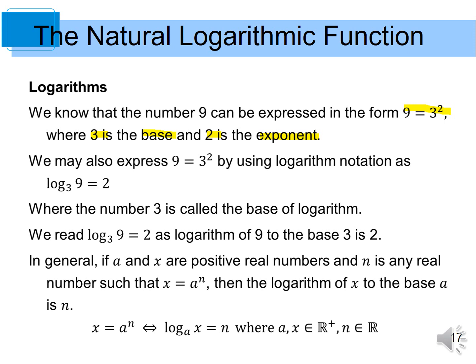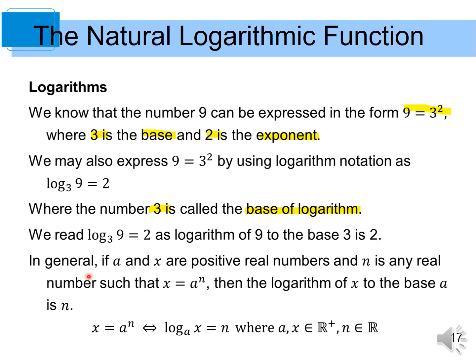We may also express 9 equal to 3 to the power of 2 using logarithm notation as log of 9 base 3 equal to 2, where the number 3 is called the base of the logarithm. We read this expression as the logarithm of 9 to the base 3 is 2.